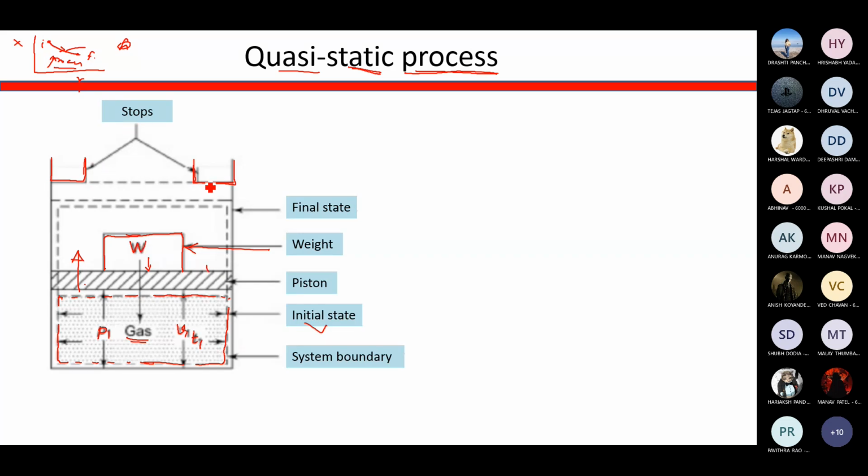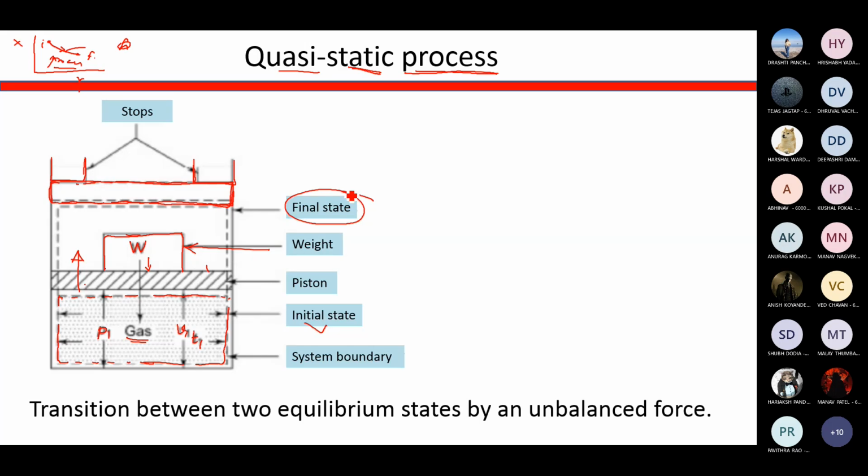The piston will hit here and will acquire this position. So this is the new position or the final position of your piston. So what has happened is you have taken out this weight and then the piston moved upward, and then you stop at this stage, right? So let us call this the final state of your piston, or final state of your system.